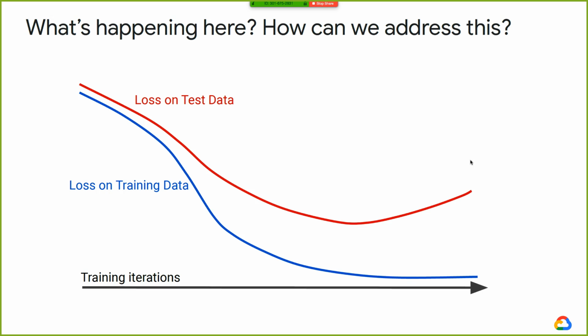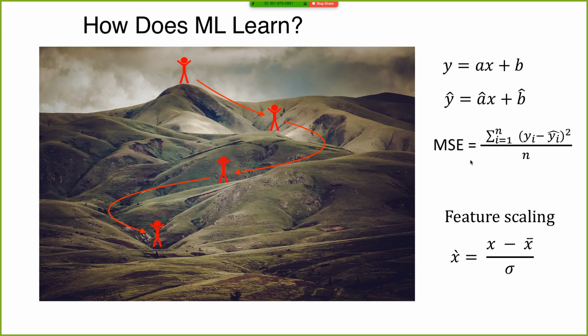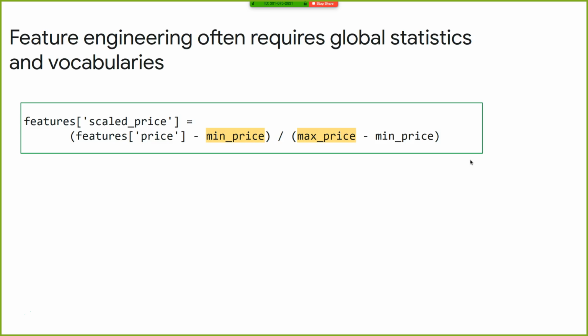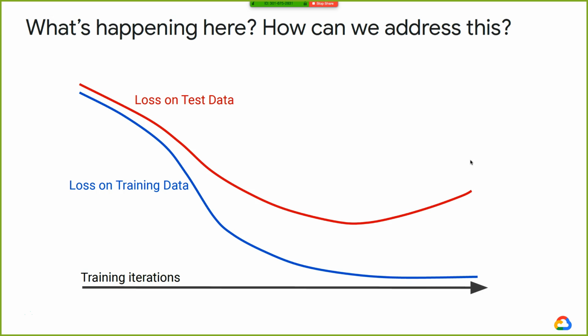So what this slide shows is the loss. In the previous slide, we showed the mean squared error, or we can have other kinds of losses based on the kind of model we are building and the loss type we chose. Here it shows how the loss changes. Machine learning is an iterative process, and in each iteration, if the machine learning is doing a good job, the loss should be decreasing.